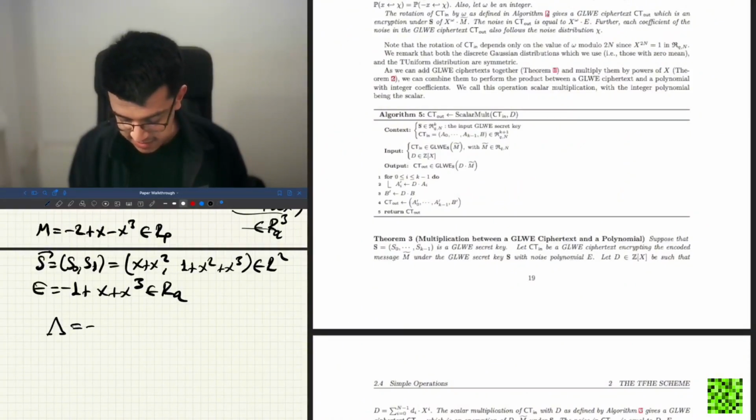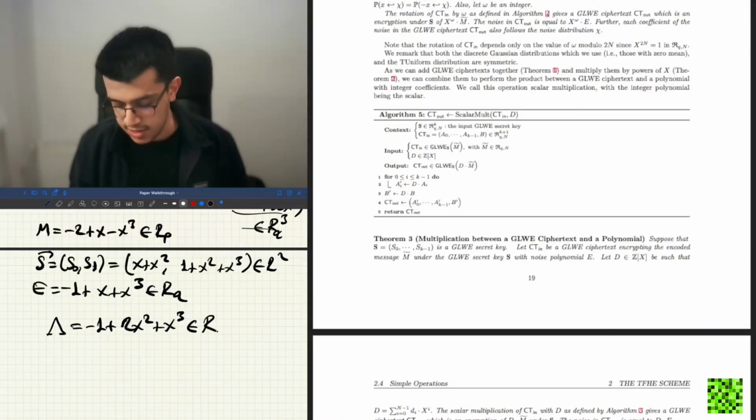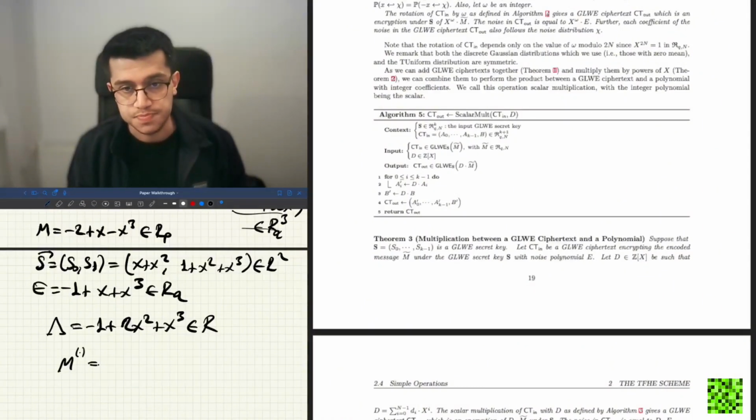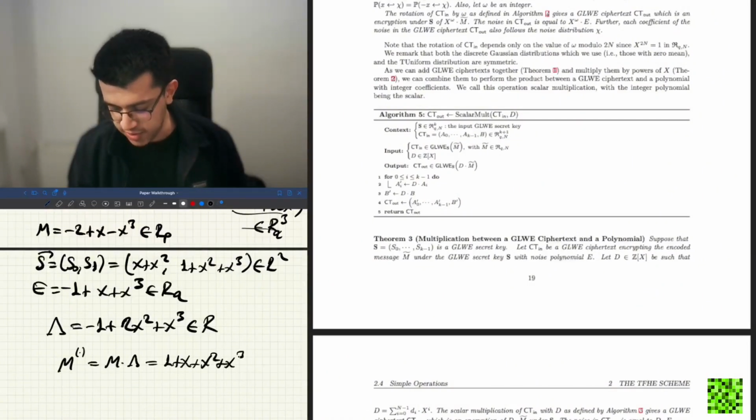Let me know if I'm wrong. -1 plus 2x squared plus x cubed from our ring R. Now we're going to multiply this with the message, and let's call the result m dot, m times alpha, which is equal to 1 plus x squared plus x cubed.